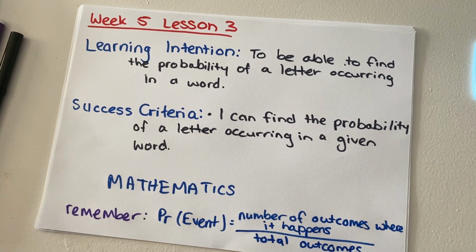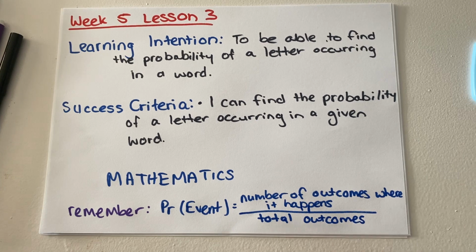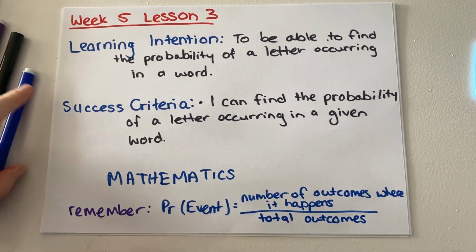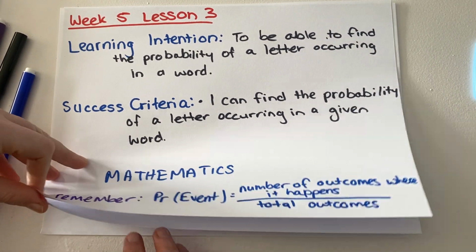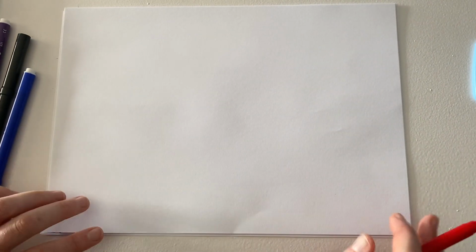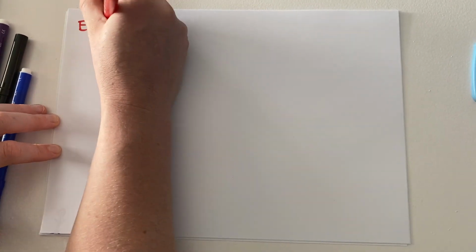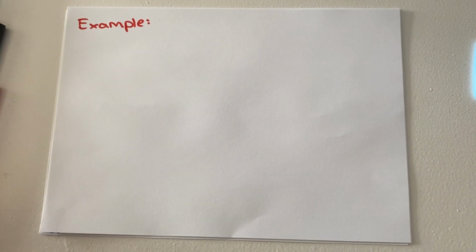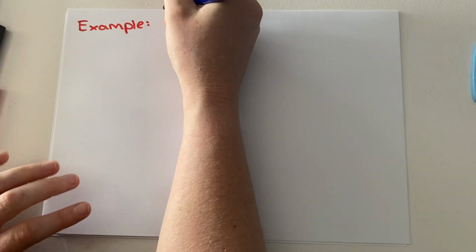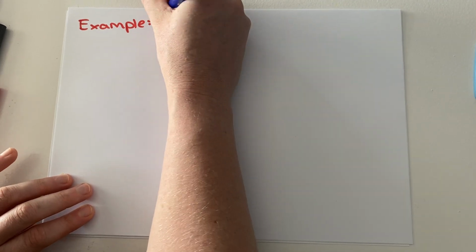Just remember our little formula that we're going to use throughout this. For this, we're going to start with an example because it's the easiest way. We're going to use a letter chosen from the word probability.